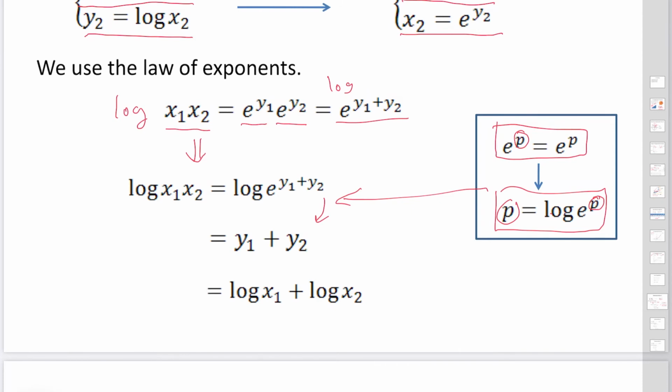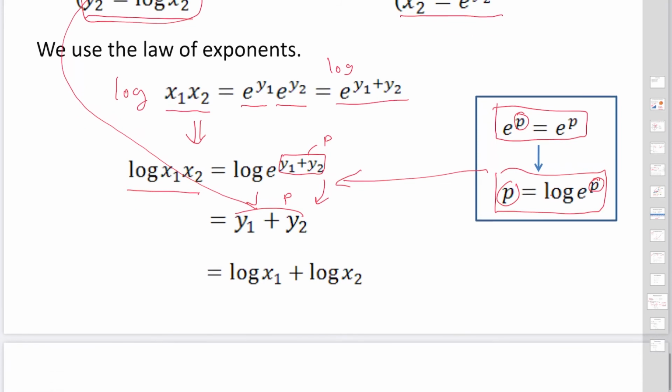In this case, log exponential of y sub 1 plus y sub 2 corresponds to p, so we can express p as y sub 1 plus y sub 2. Substituting and returning to the original equation, it becomes log x sub 1 plus log x sub 2. So the log of the product of x sub 1 and x sub 2 becomes the sum of log x sub 1 plus log x sub 2.